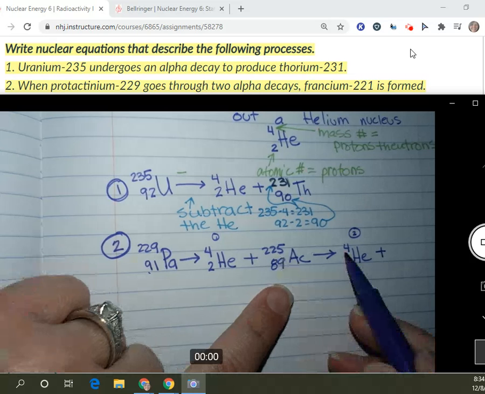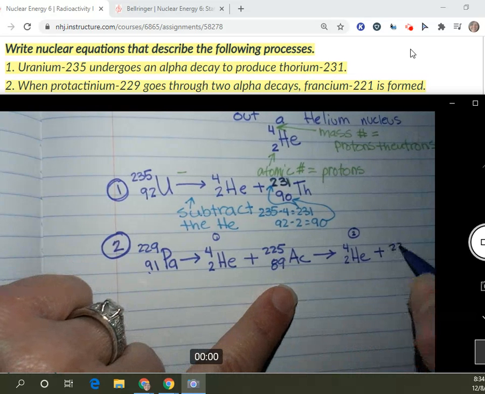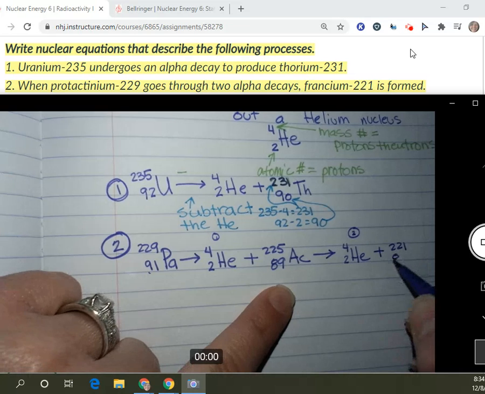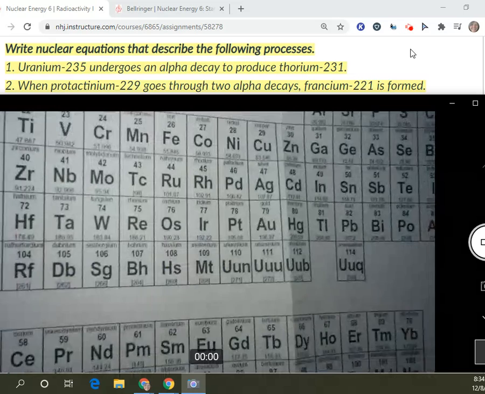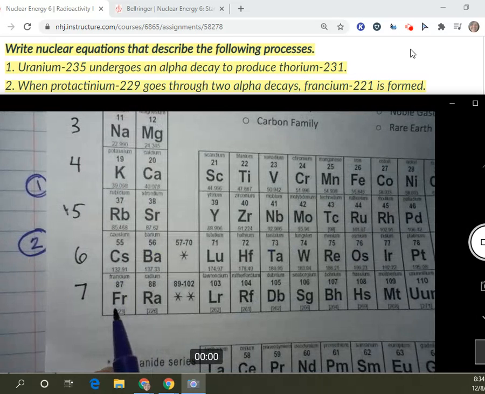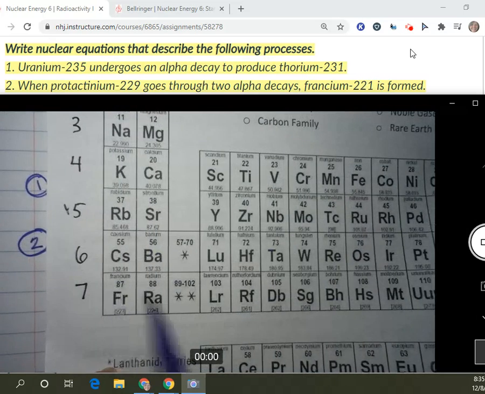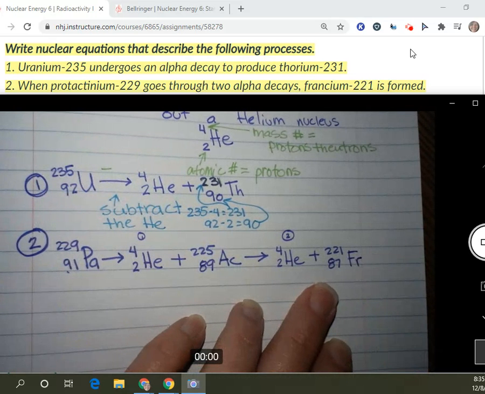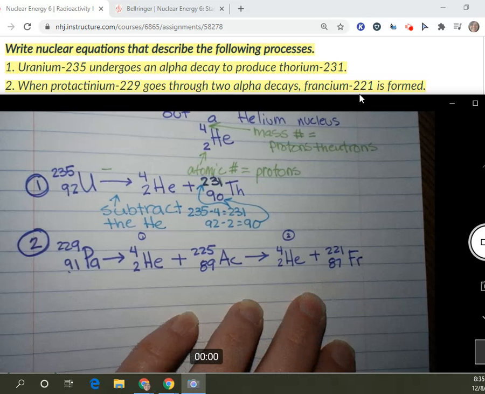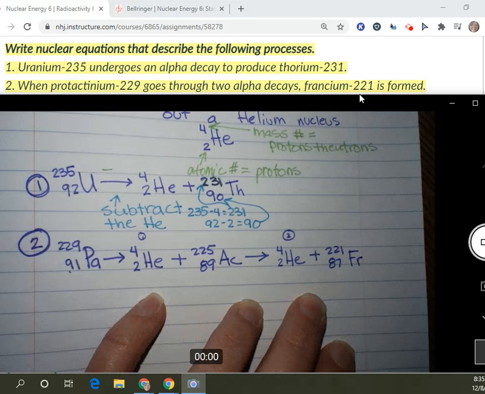It's 225 minus 4, 221. 89 minus 2, 87. So then we come back to our periodic table, find 87, francium, Fr. And that matches what our question says. Francium-221 is formed. Okay.